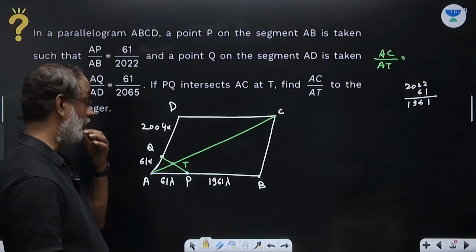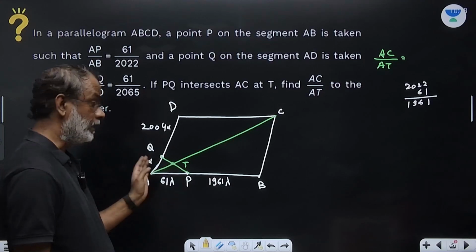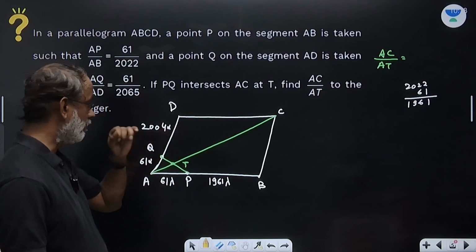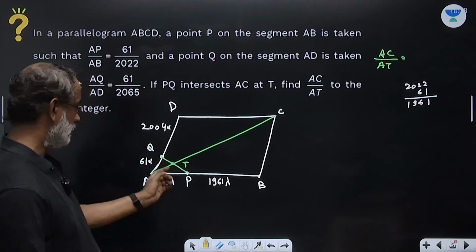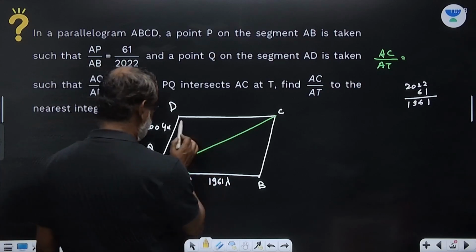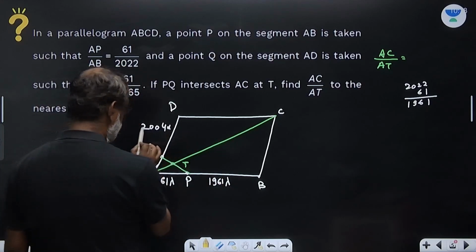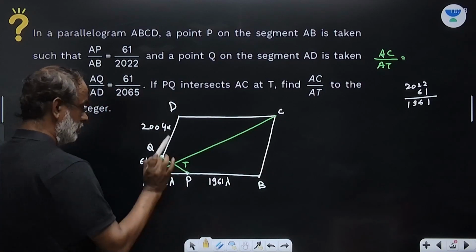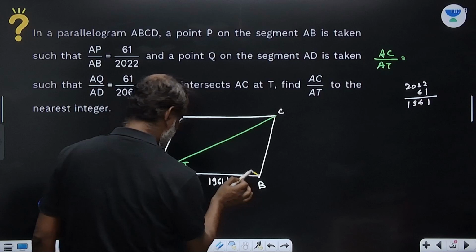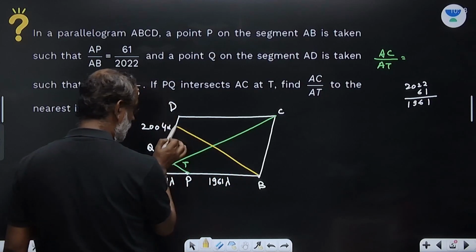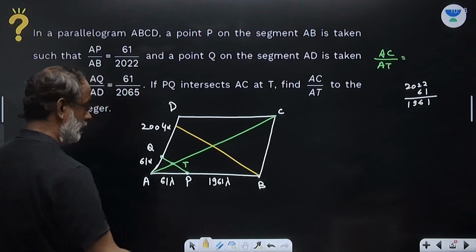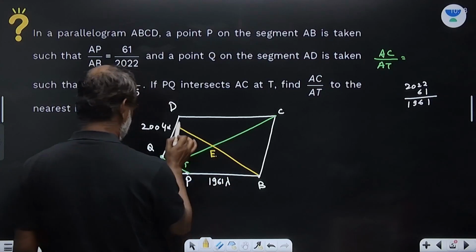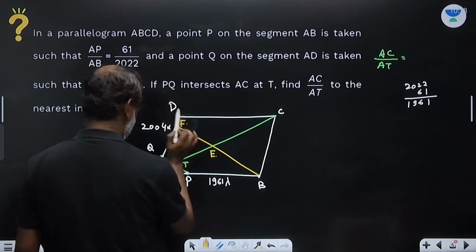So, if I draw a line parallel to PQ, I can draw either from B or from D. If I draw from D, since this is 2004, if I draw a line parallel, it will meet outside this parallelogram. So what I am preferring is I am drawing it from B. Okay, and let it meet here at E, and this is say F.